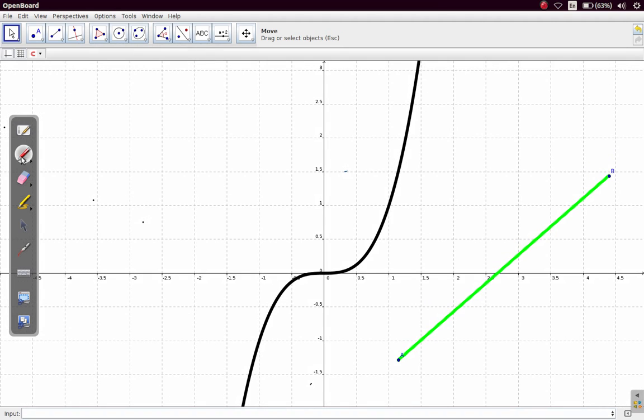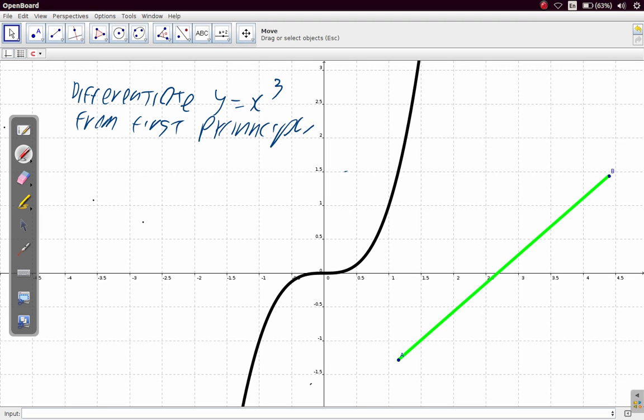What I want you to do for me is this. Differentiate y equal x cubed from first principles.